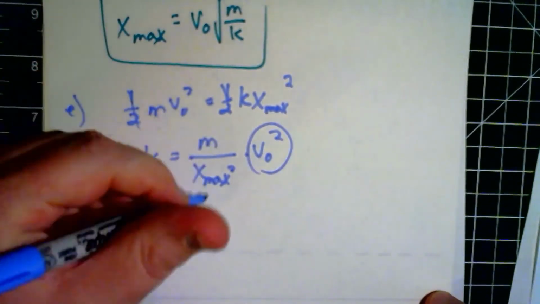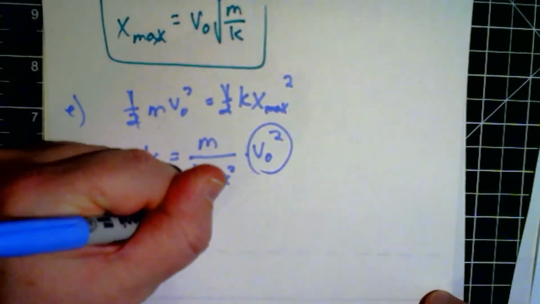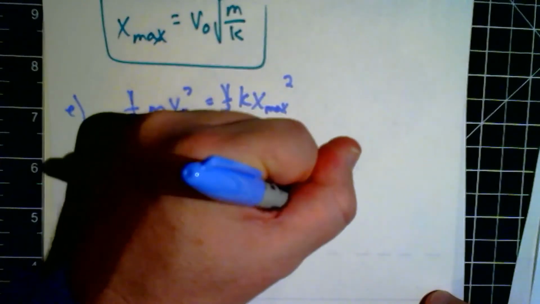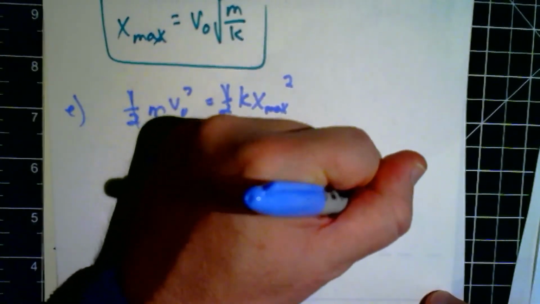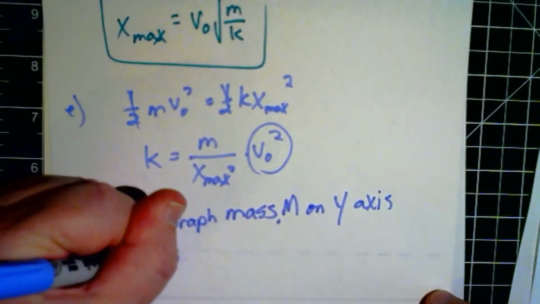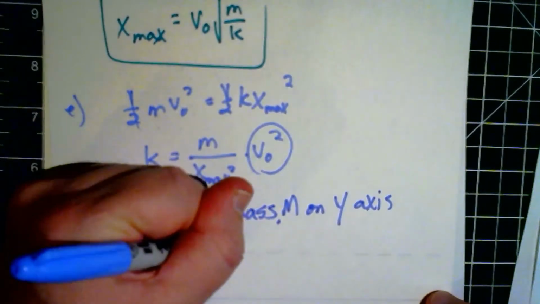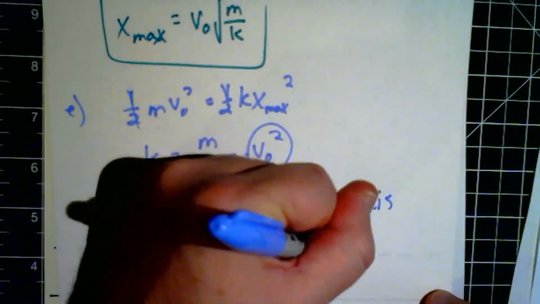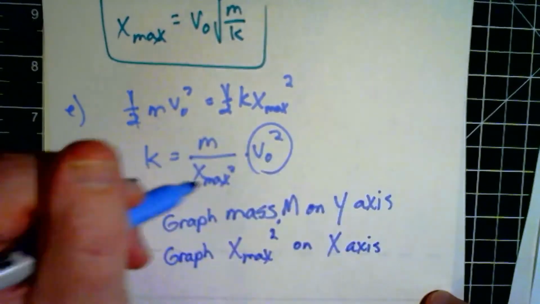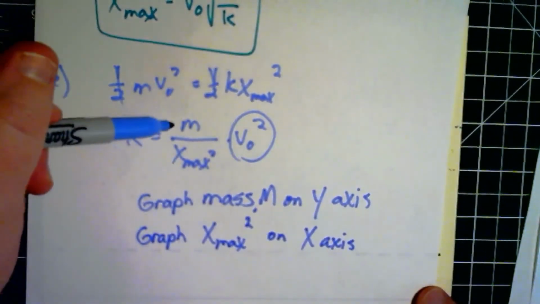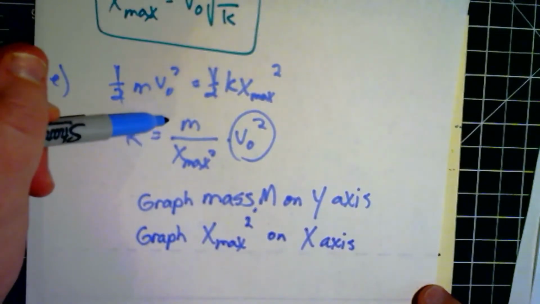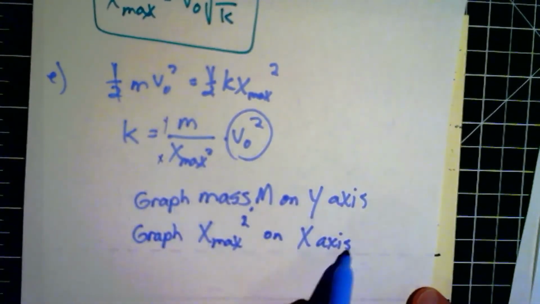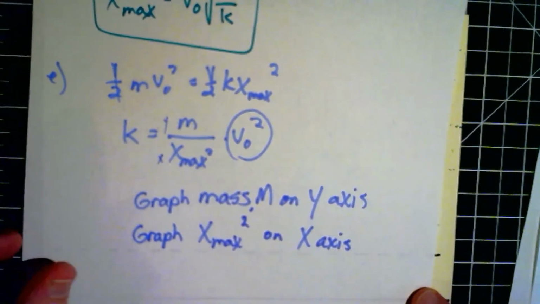But if I graph mass m on the y-axis and graph x max squared on the x-axis, then that would correspond to this kind of equation. This would be like a y over an x. All right, and so that's what I'm going to do, I'm going to graph those two terms.